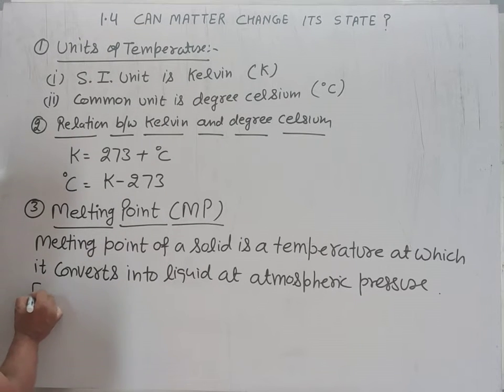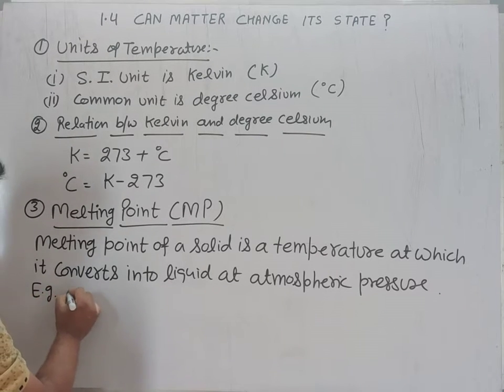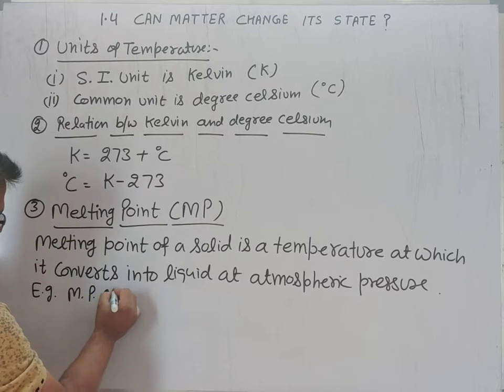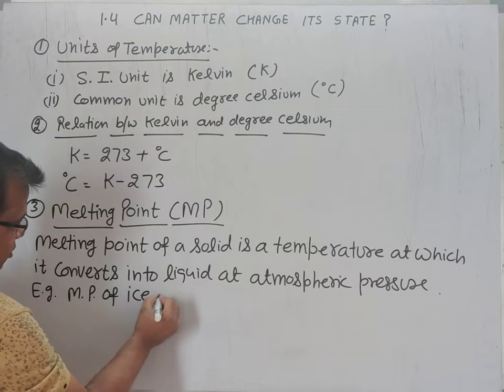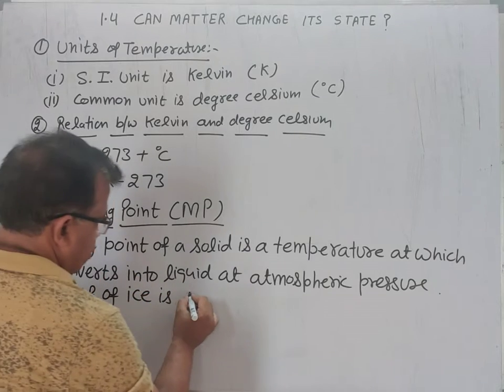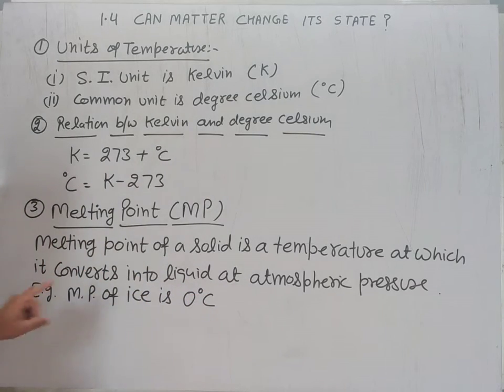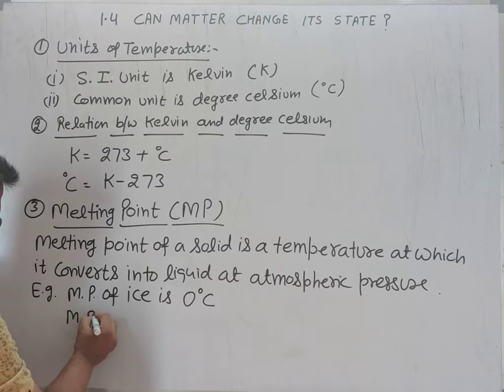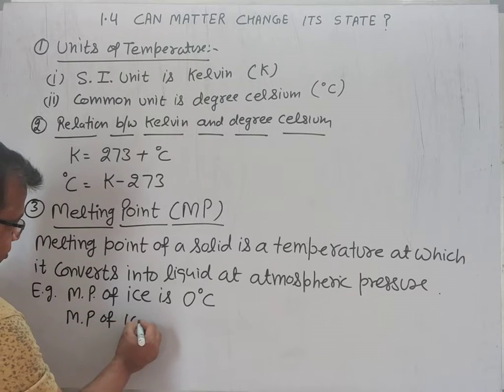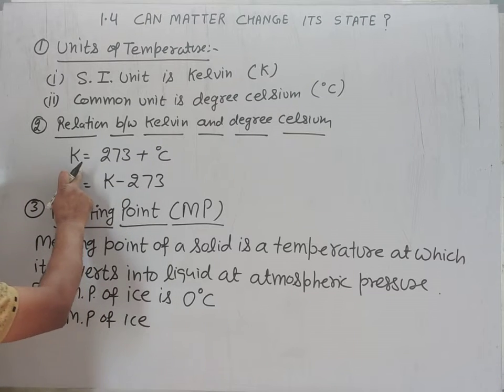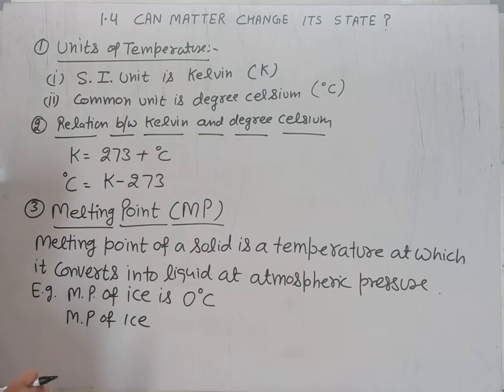For example, you know, melting point of ice is 0 degrees Celsius. If we want to convert it into Kelvin, Kelvin is equal to 273 plus degree Celsius.